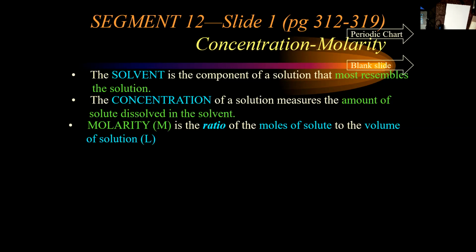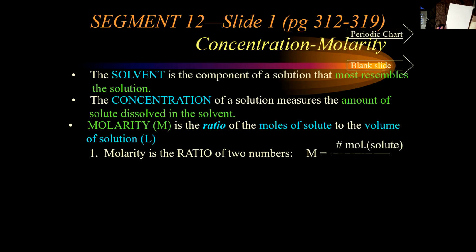So anytime I've got a choice of what the volume is going to be, I'm going to make it 1 liter. And we'll use that to simplify problems as we go along today and in the future. So it's a ratio of two numbers: the number of moles of solute divided by the number of liters of solution.